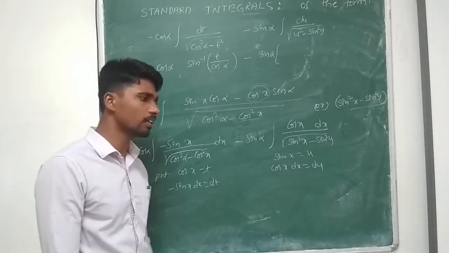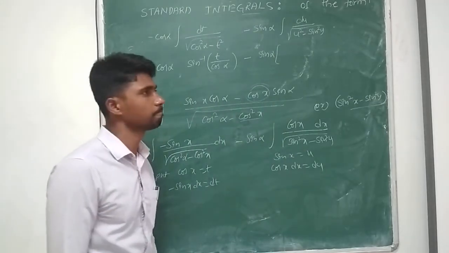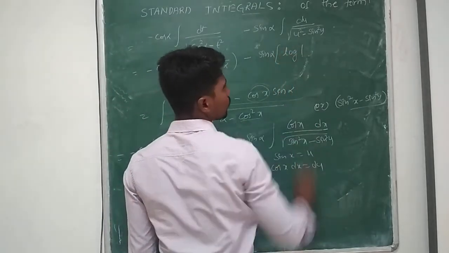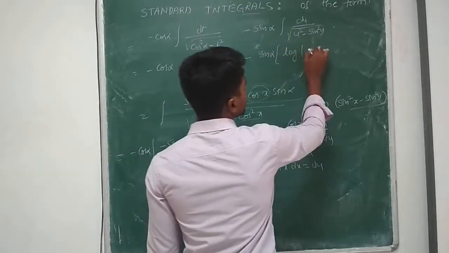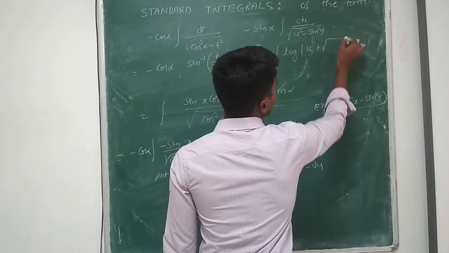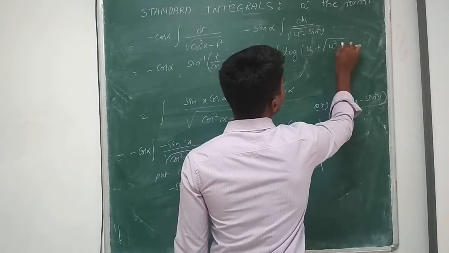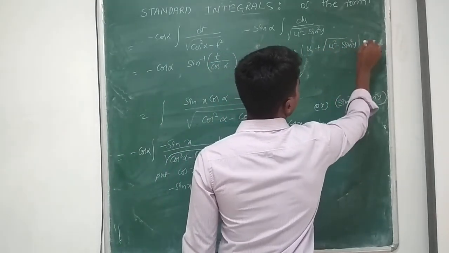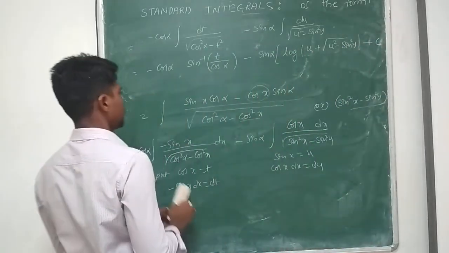What is the integral of 1 by root of x square minus a square? Log modulus of x plus root of x square minus a square, here in place of x I have u, plus a constant c.